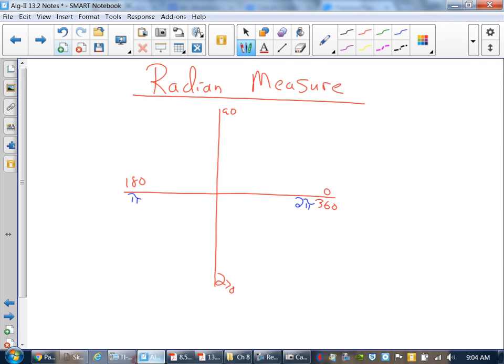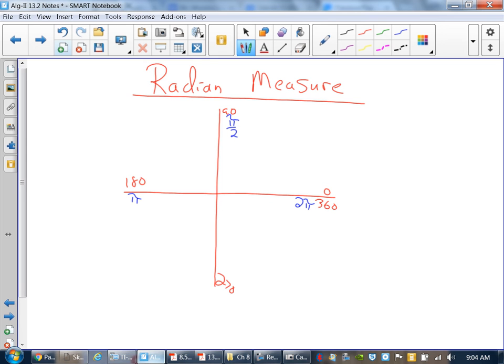What would half of pi be? Well, what's half of 180? 90. What's half of pi then? Pi over 2. It's magic. So if I'm going from 0 to 90 degrees, I'm adding a pi over 2. This becomes 2 pi over 2, simplified fraction. This would be 3 pi over 2, because back at 360, you're at 4 pi over 2.